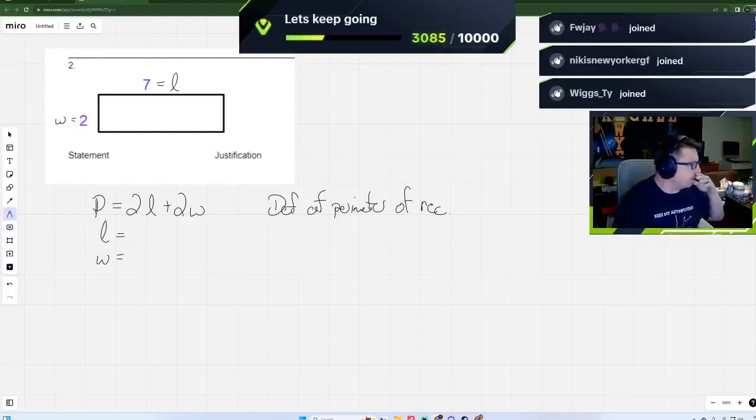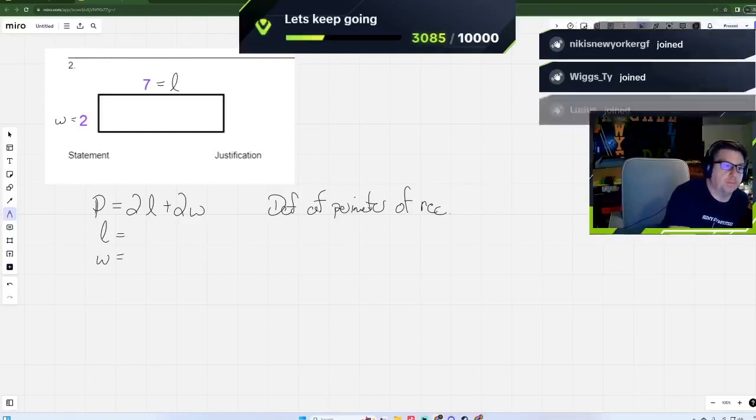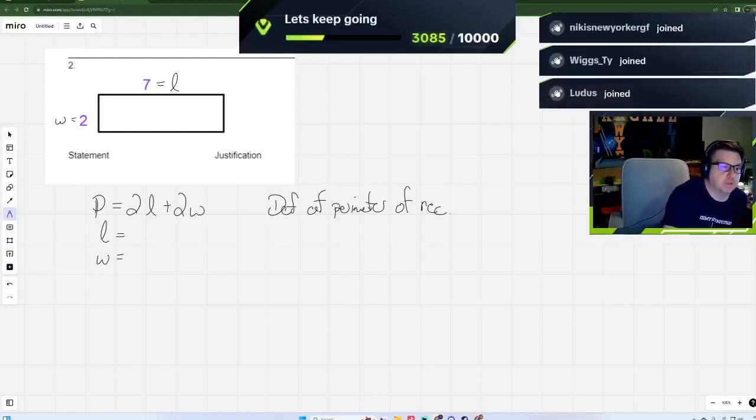It doesn't always have to be that way, but just an idea. So we have the length is 7, width is 2. So I'm going to say that the length is 7, the width is 2, and that's what we call, once again, given information. Let's put it over here with the justification given.